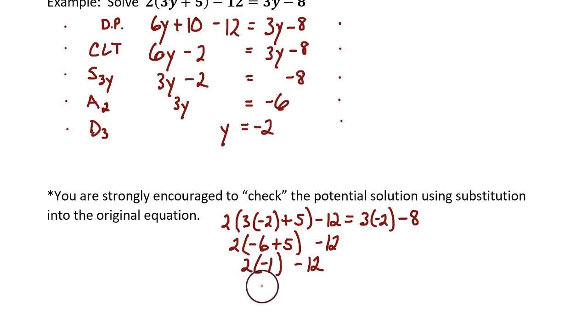Two times negative 1 is negative 2. And negative 2 subtract 12 is negative 14. That's the left side of the equation. Let's see what the right side makes. 3 times negative 2 is negative 6. And negative 6 subtract 8 is negative 14. Because the left side is equal to the right side, negative 2 is the correct answer to substitute for y.